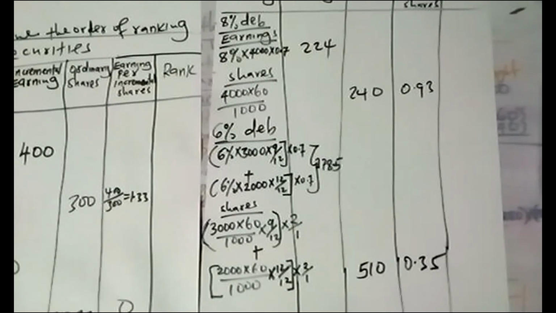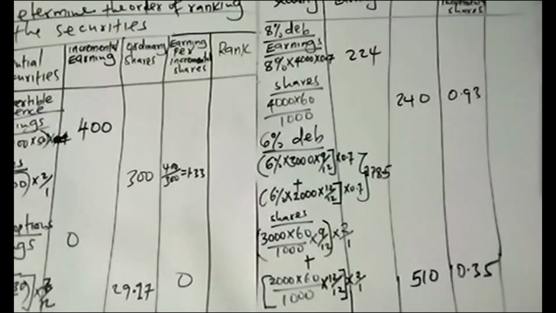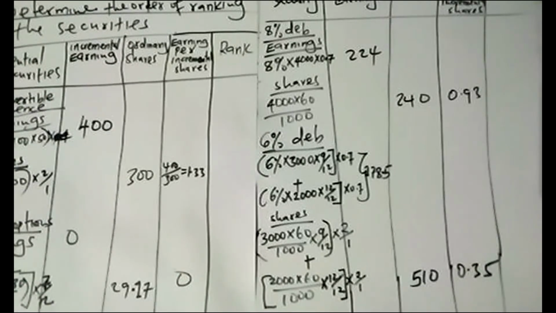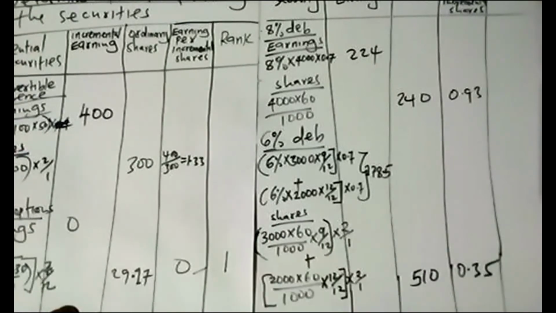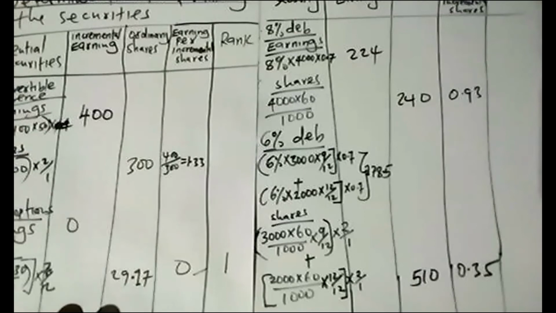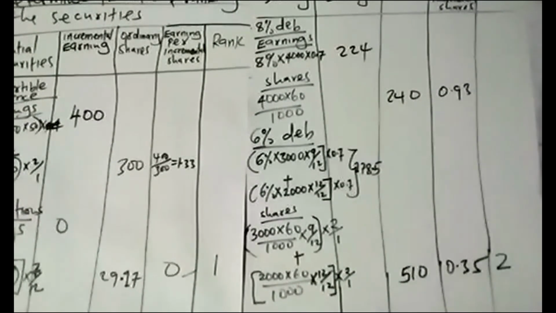Yes. So we rank from the lowest, which is the one with the potential being converted to ordinary shares. The stock options, it was 0. Yes, it's the stock options. The number 2, the 0.35, the shares.